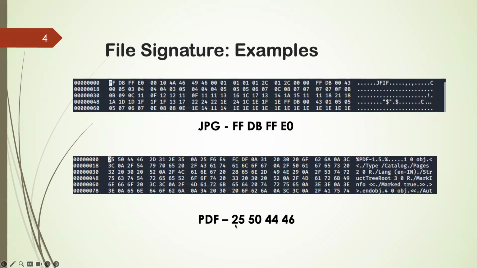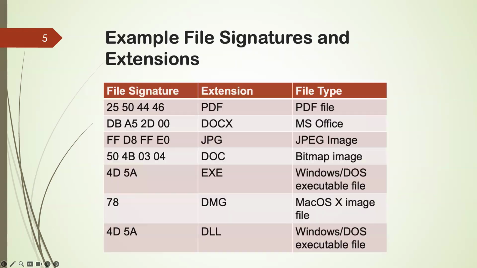Similarly, all the PDF files have a file signature of 25504446. So the first 4 bytes of all PDF files, no matter what the data is inside it, no matter what the other metadata is, will have these 4 bytes in the beginning, and you can observe them when you open the file in a hex editor.